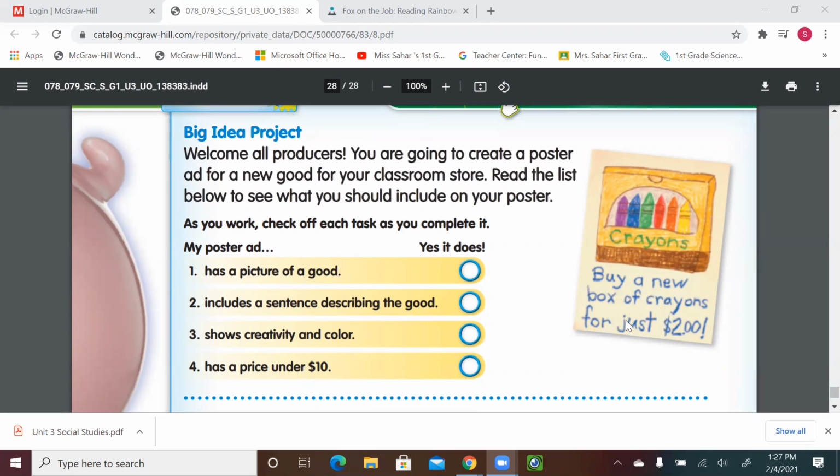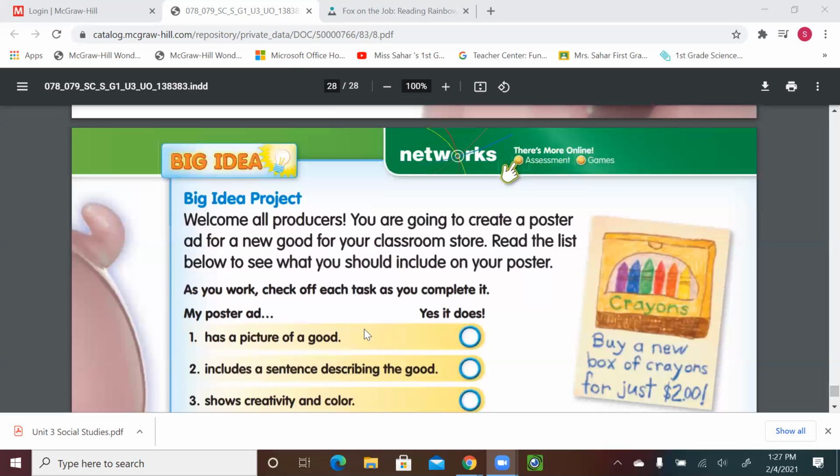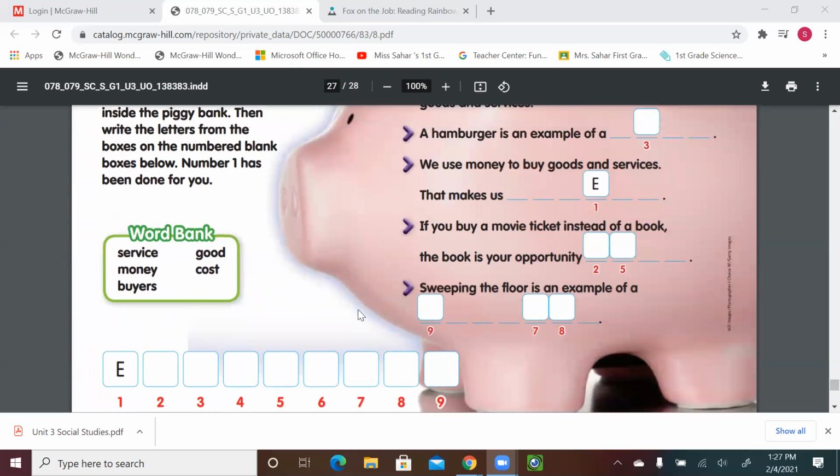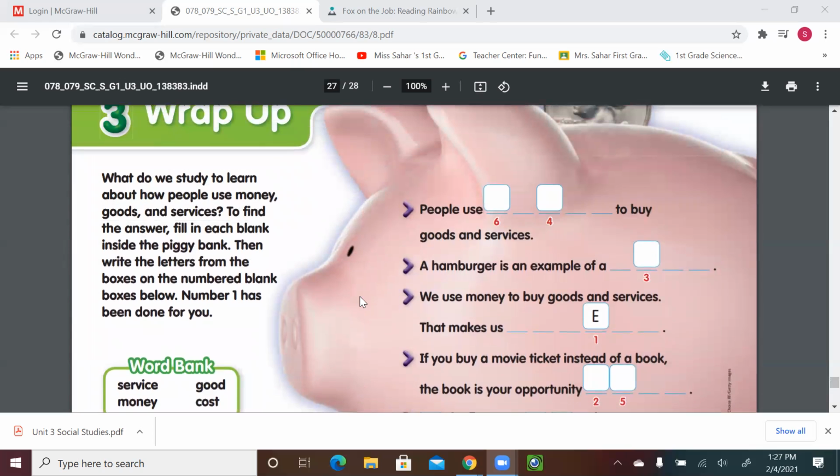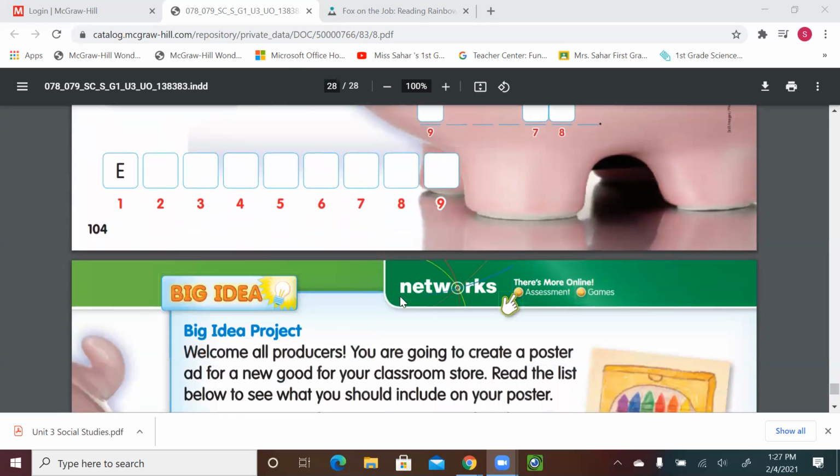So you can say buy a ruler and a scissor and get a smaller eraser for free. So be creative, and whatever you put and sell, it has to be something related to the classroom store, something we will be using in a school or in a classroom, and also it's going to be under $10. So you can have fun and do this project. All right. First, you need to do that activity for wrap up activity, page 104. And then after that, you can do that poster.